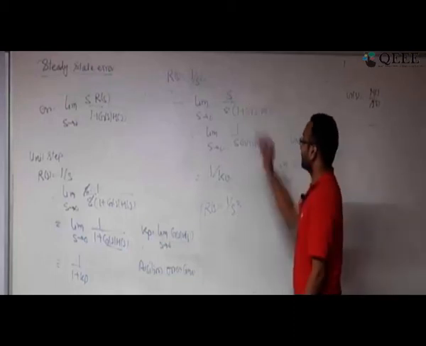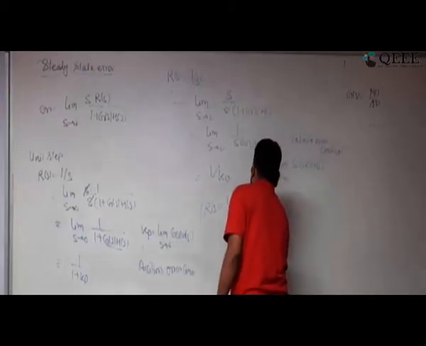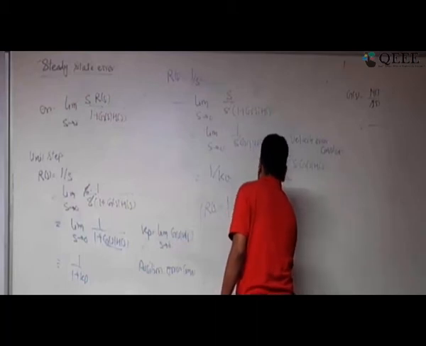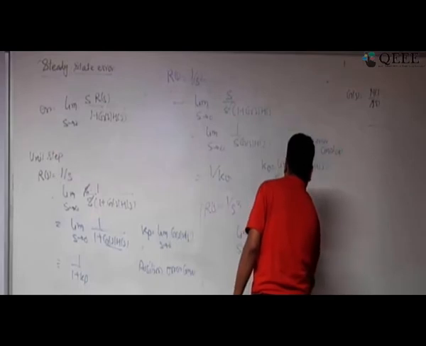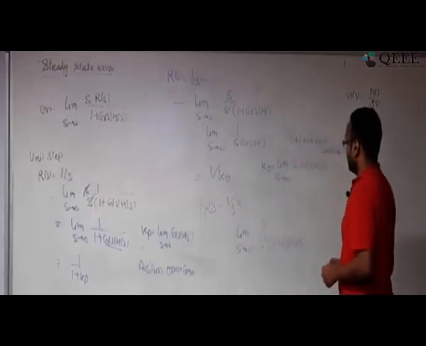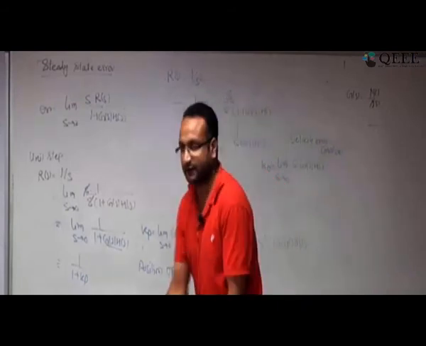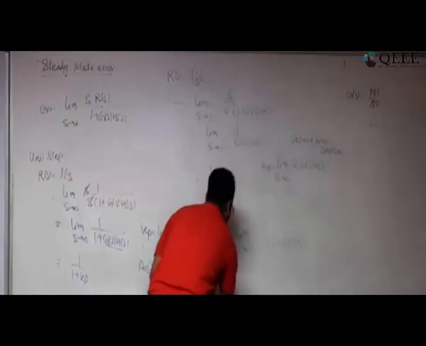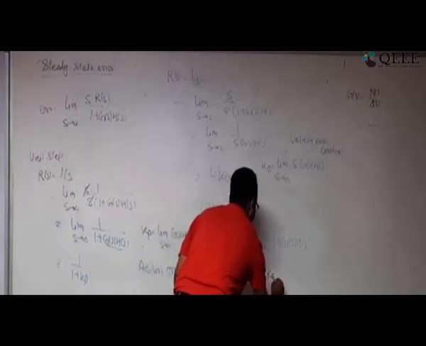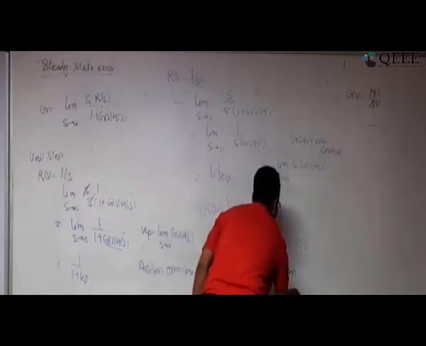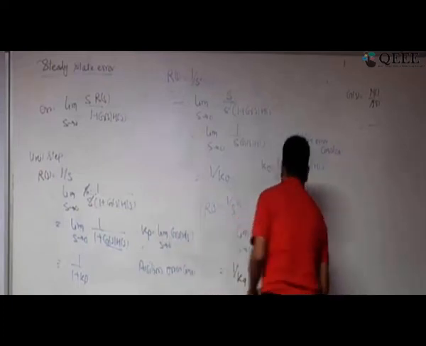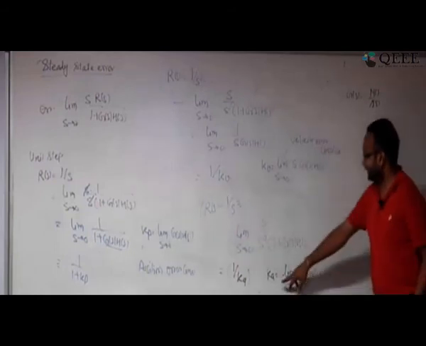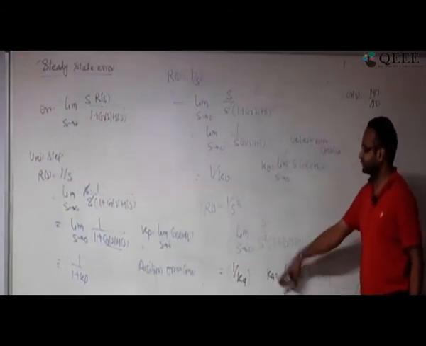If you solve it, limit s tends to 0, s divided by s cube times 1 plus G(s)H(s), it is going to be 1 divided by Ka, where Ka is limit s tends to 0 of s square G(s)H(s). This is known as the acceleration error constant.